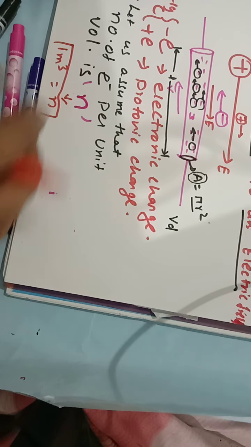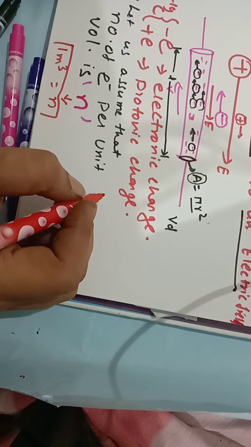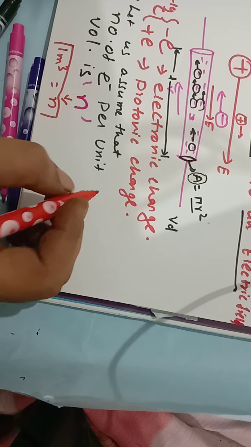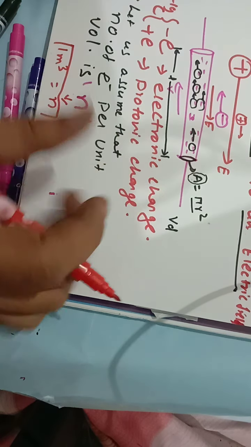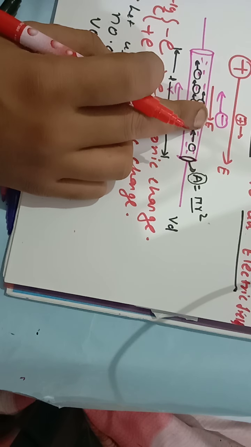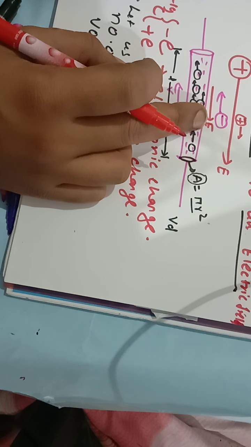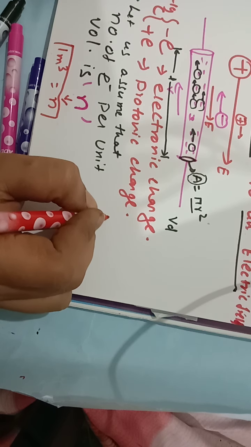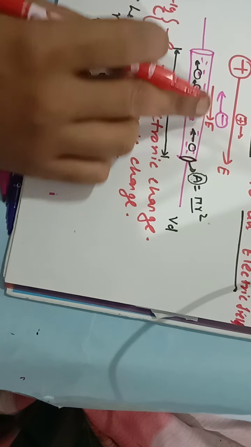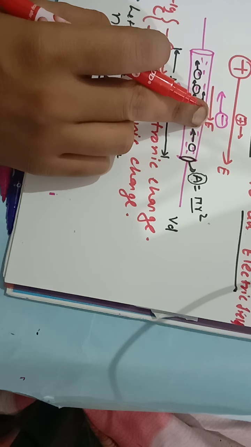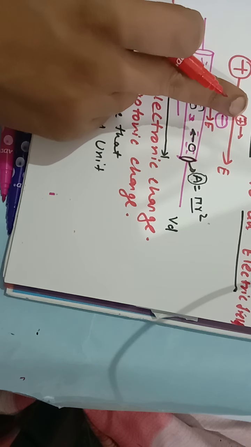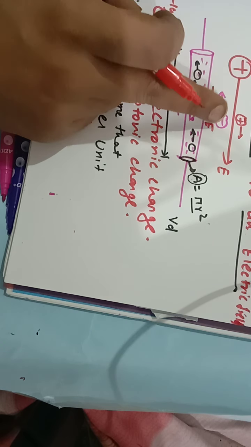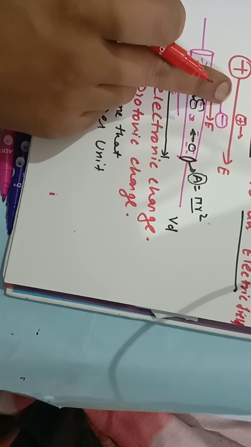Now, if this is so and an electric field is applied in this direction, we will see that due to this electric field, this charge is moving. Why is it moving?